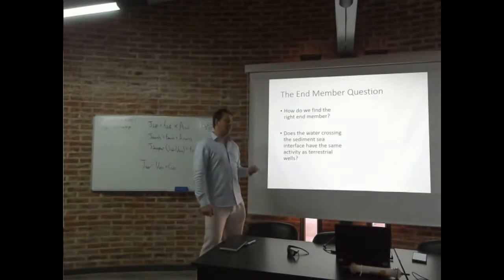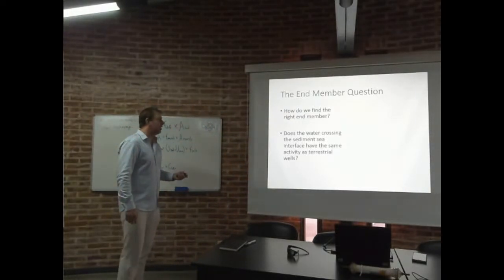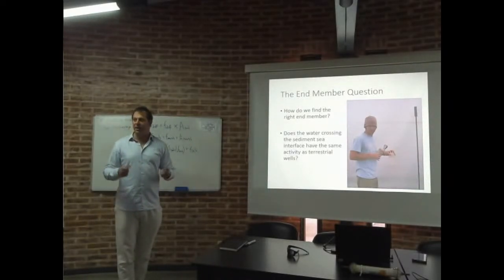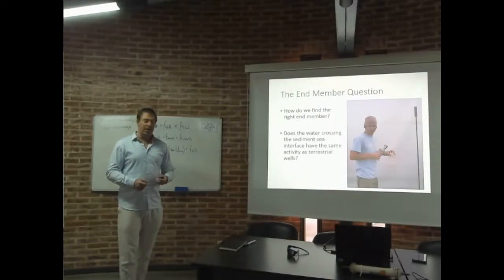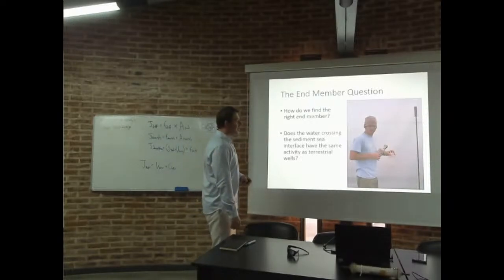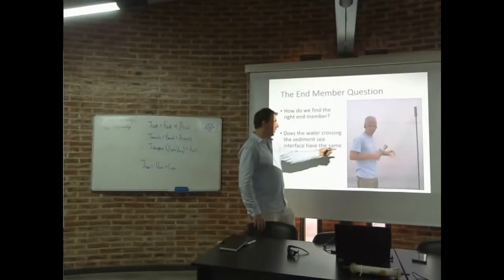So we struggled with this for a while, and then we came up with the idea of trying to collect pore waters directly in the bay, as close to the surface as possible after all these processes have occurred. And so we did this. In many places, we collected pore water. We used this system here.